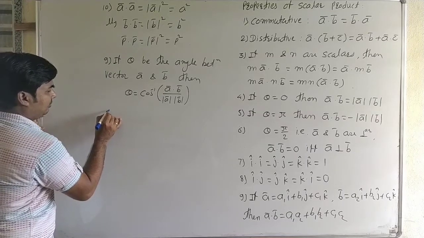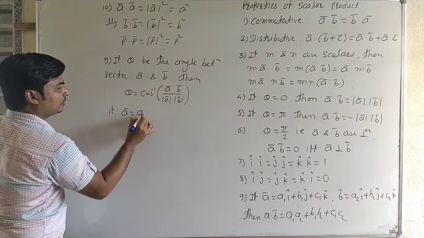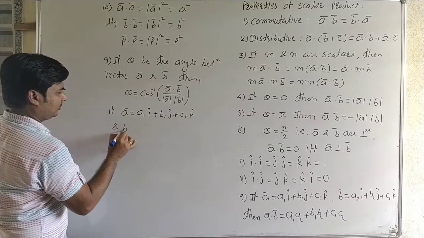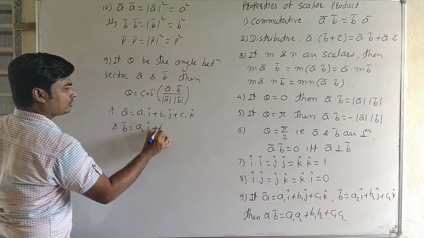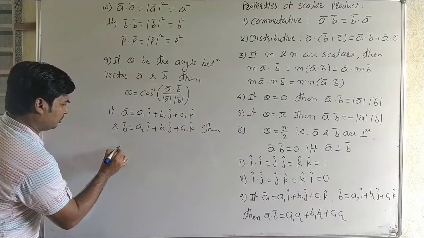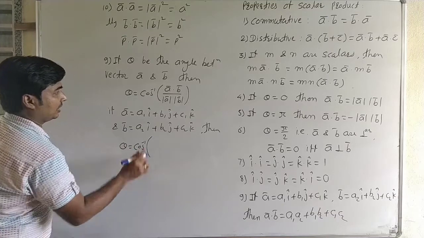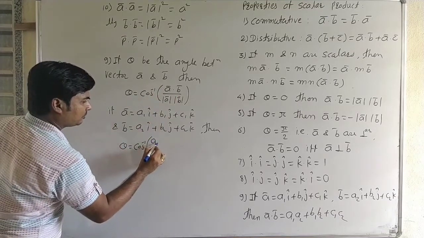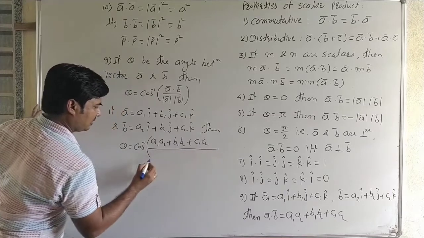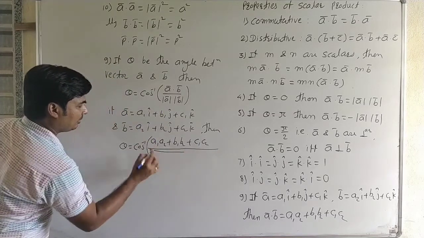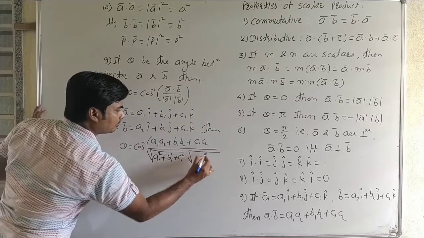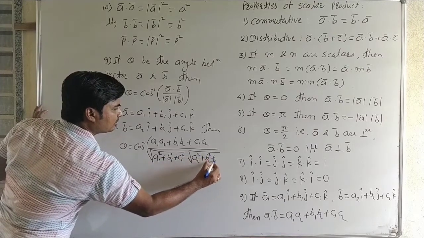If the vectors are given, a bar is equal to a1 i cap plus b1 j cap plus c1 k cap, and b bar is equal to a2 i cap plus b2 j cap plus c2 k cap, then theta is equal to cos inverse of a bar dot b bar, the dot product of these two vectors, that is a1 a2 plus b1 b2 plus c1 c2, upon under root of magnitude of a bar, it is a1 square plus b1 square plus c1 square, into under root of a2 square plus b2 square plus c2 square.